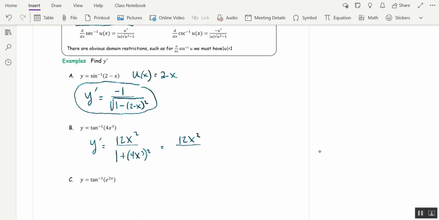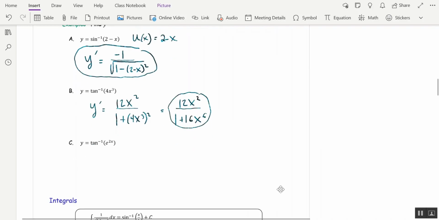It only takes a second to clean it up: 1 plus 16x to the 6. Okay, and lastly, y prime, same formula. We want u prime on top, 2e to the 2x. And on the bottom, we want 1 plus e to the 2x squared, which is e to the 4x. You have an exponent to an exponent, you multiply the exponents.